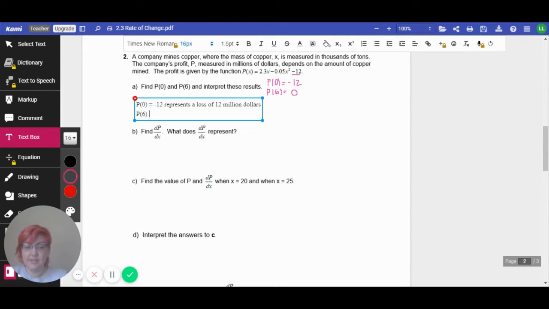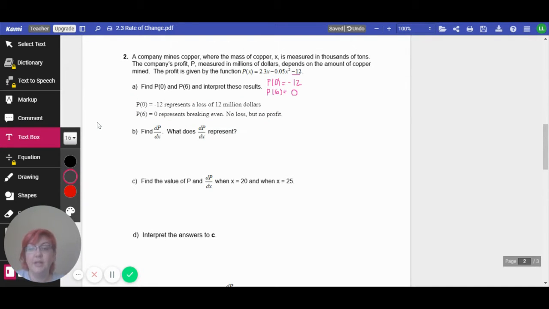P of 6 equaling 0 represents basically breaking even. No loss, but no profit. All right. Now we're going to find the derivative of P with respect to X and talk about what that represents.